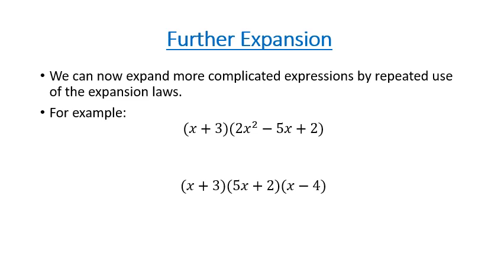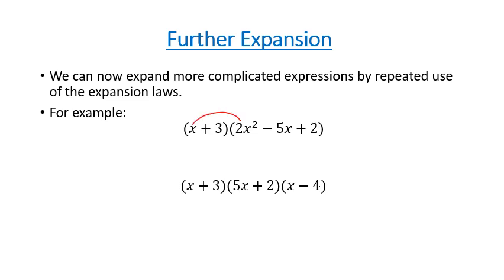As an example here, we've got a bracket with two terms in it and a bracket with three terms. What we need to do is multiply every term in the first bracket, so the x and the 3, by every term in the second bracket. So we're going to expand them out and then collect some like terms.